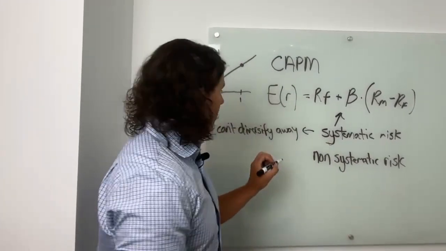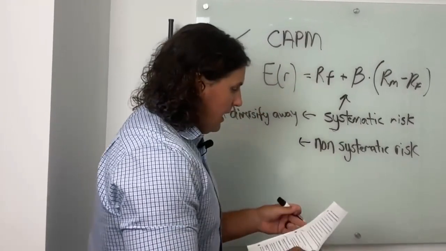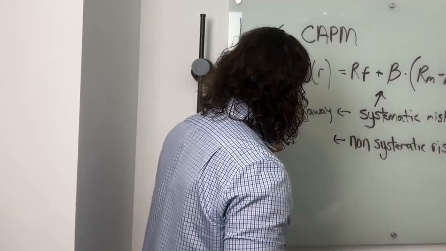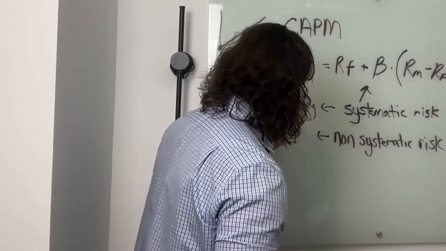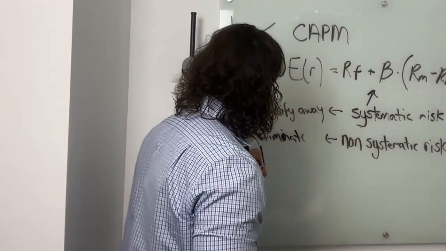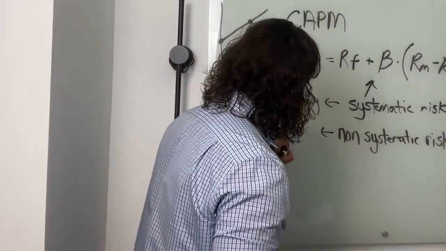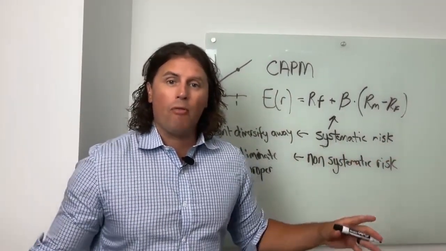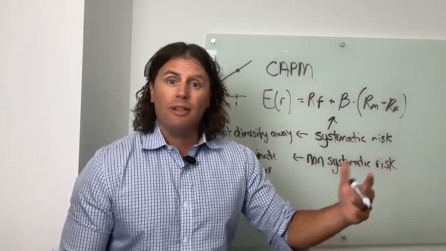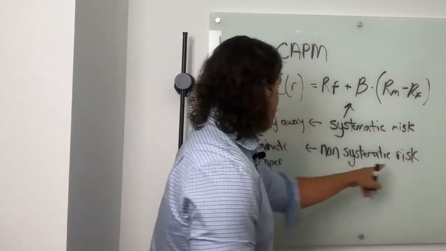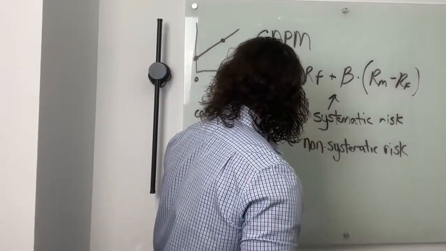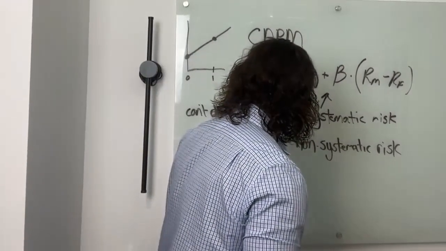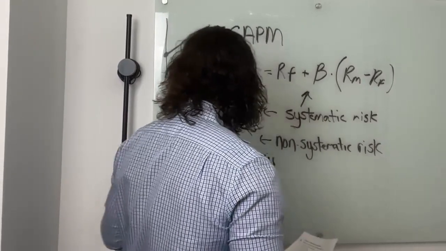And what we believe here is that non-systematic risk can be diversified away with proper diversification. Don't put all your eggs in one basket. Spread them out over different companies and different industries, and we can diversify that non-systematic risk. Everything else, the systematic risk, is captured in beta.